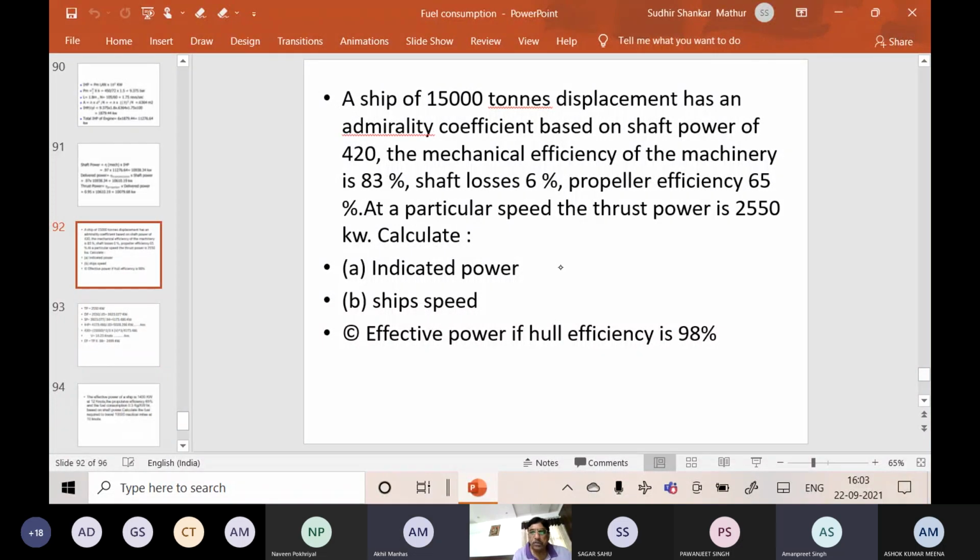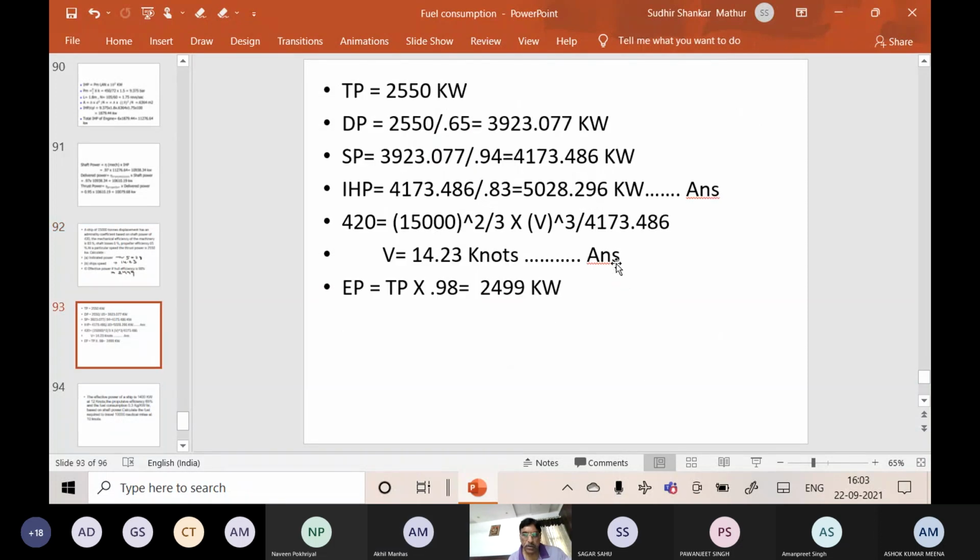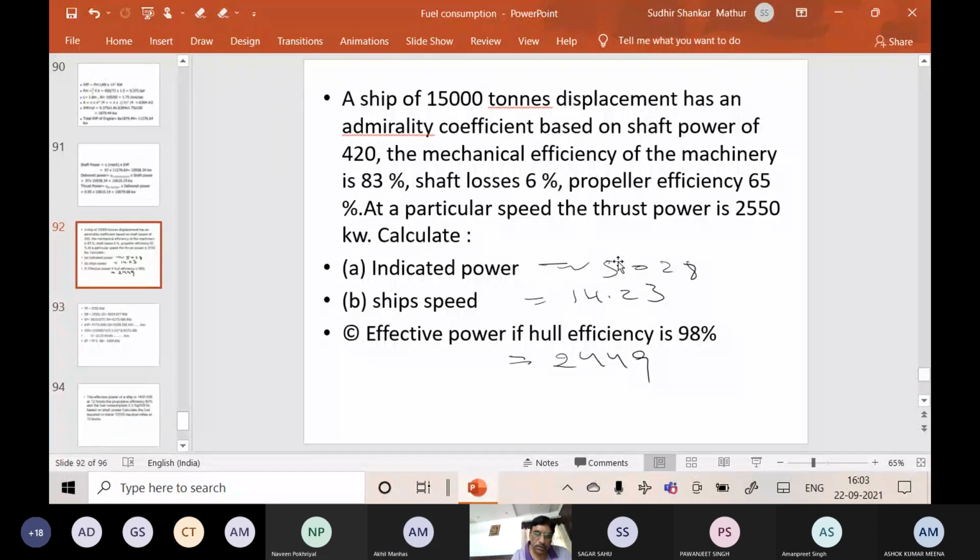Shaft speed, how much did you get? 14.23, sir. 14.23 is correct. So this is also right. Effective power 2499, sir. Okay, let me check. 2499 is correct.